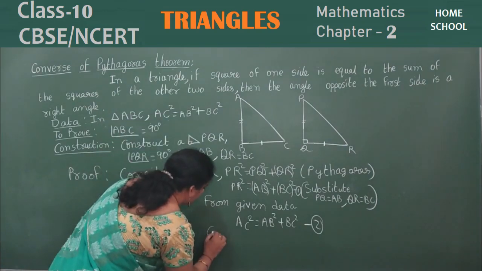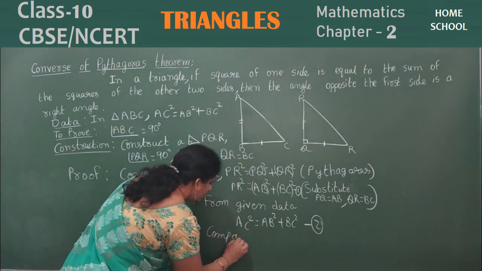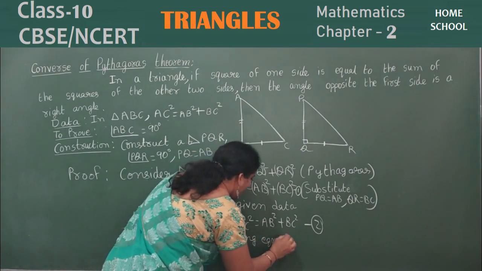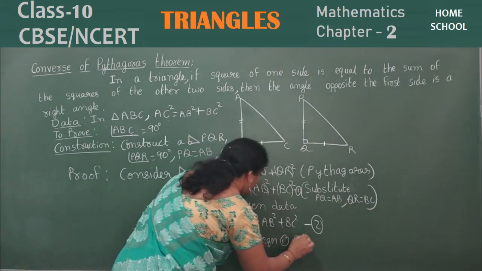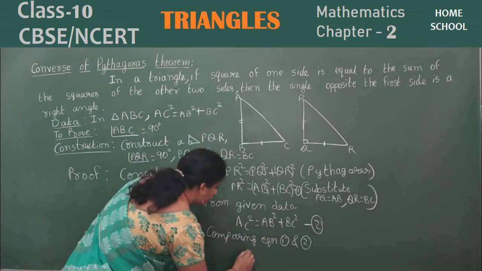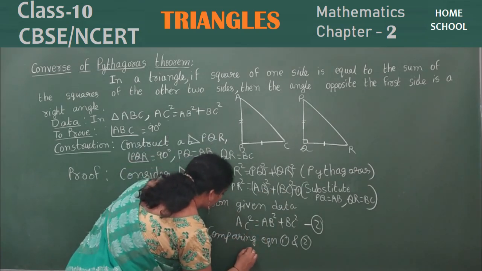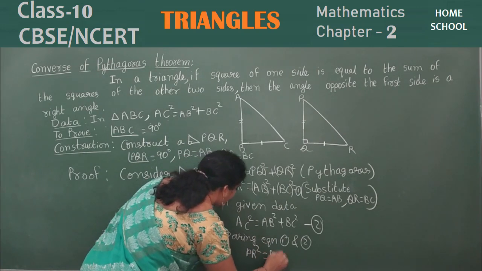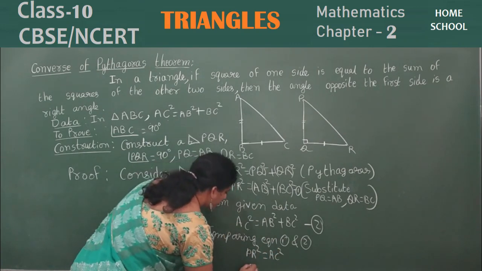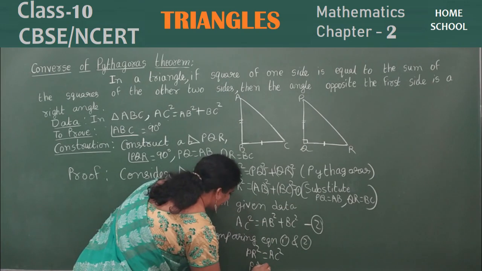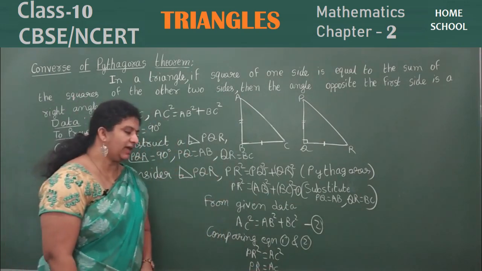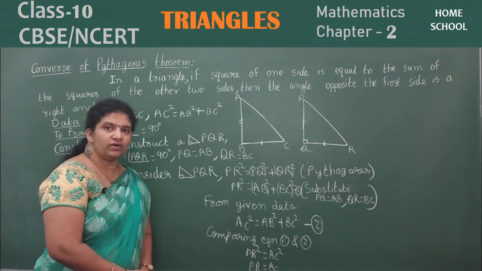On comparing equations 1 and 2, the RHS is the same, so you can equate the LHS. PR square is equal to AC square. So, I can just write PR equal to AC. Squares can be cancelled.